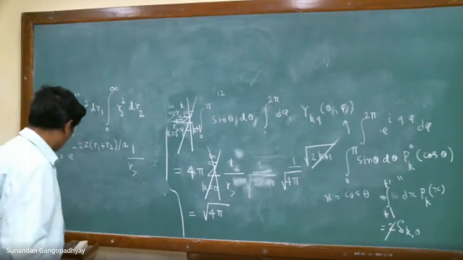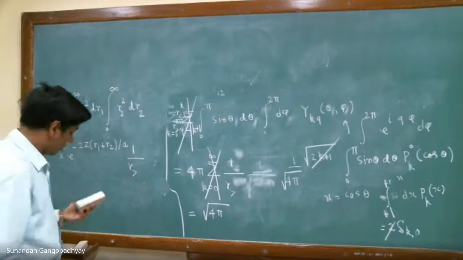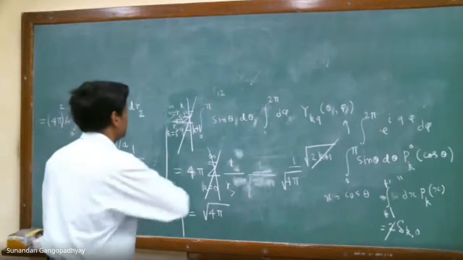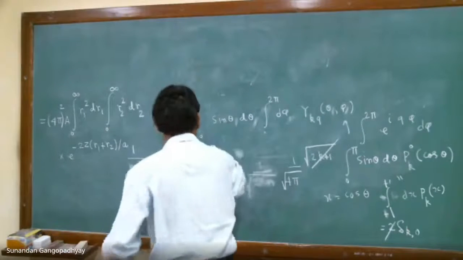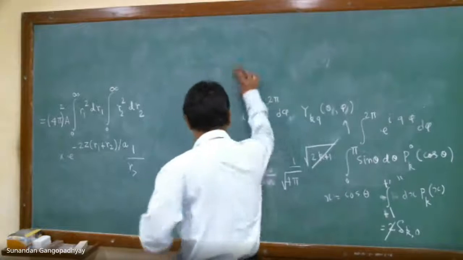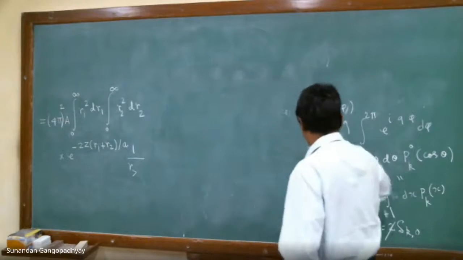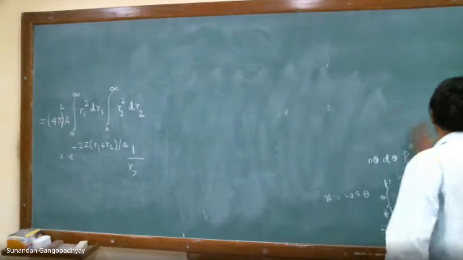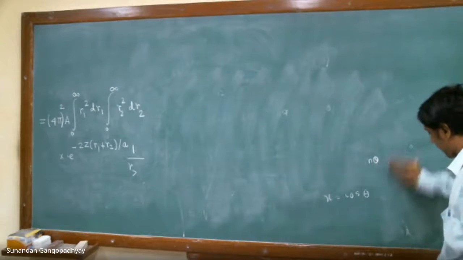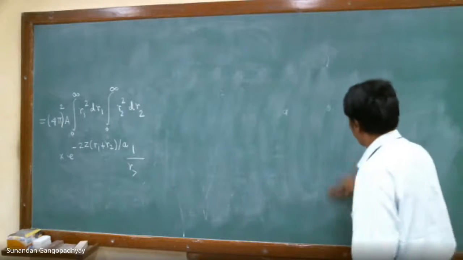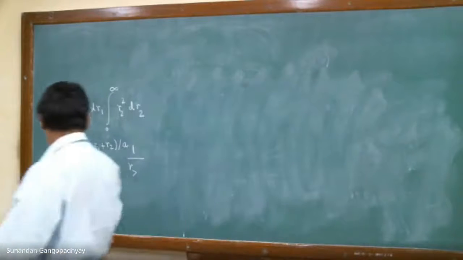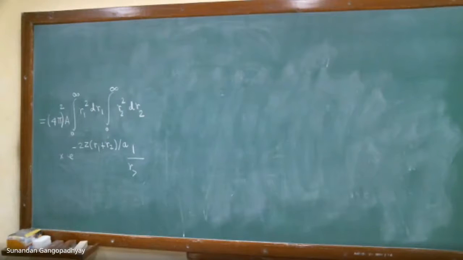We have carried out all the angular integrals. The angular integrals have been carried out. So what we now need to do is carry out the radial integrals r1 and r2. So this is what is left to do.